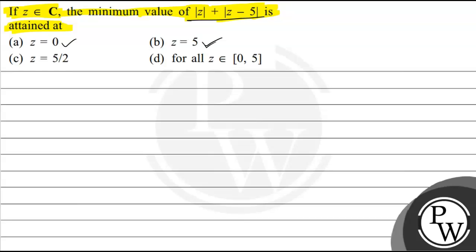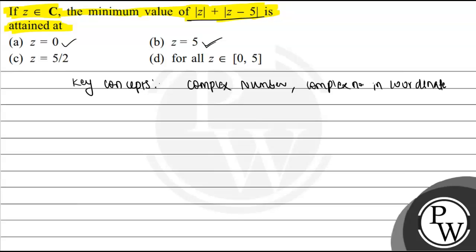To solve this question, we should know some key concepts. First, we should know about complex numbers, then how a complex number is denoted in the coordinate system, or you can say complex number in coordinate system. Then circle and its properties should be known, and the equation of a circle with complex numbers.